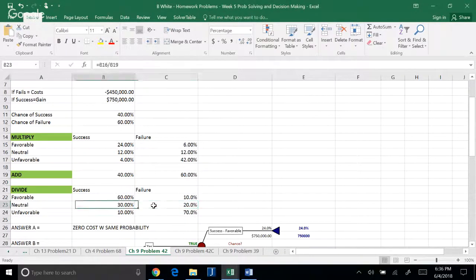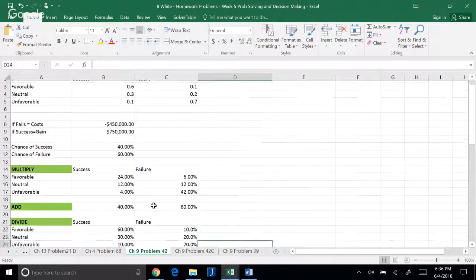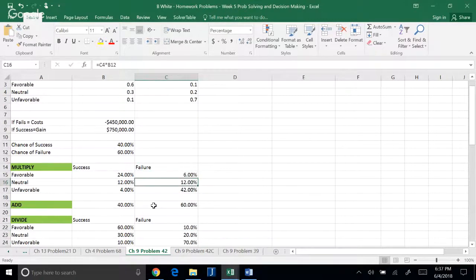So let's check the Bayes first. So success, you've got as favorable and success, you've got as 60, 30, and 10. So these aren't quite right. Let's see if we can figure out. One issue is that you need to be adding by the market outcome, and what Brenda added by was a success or failure.